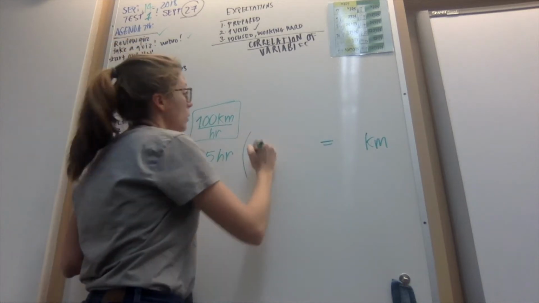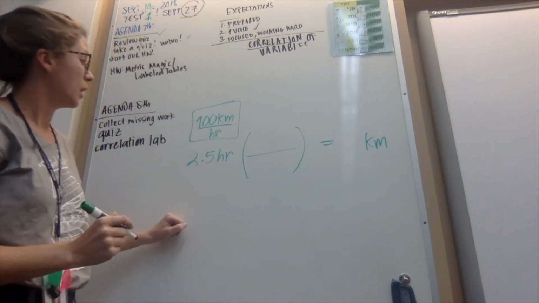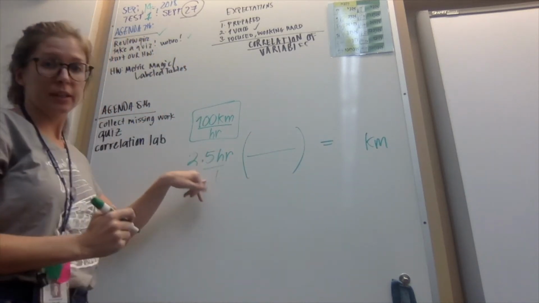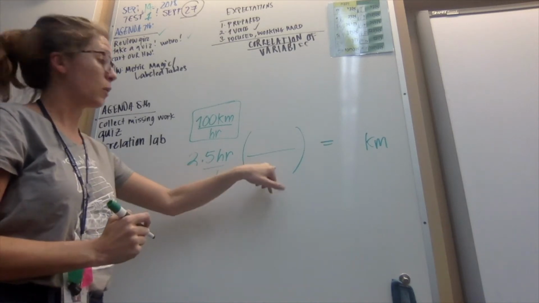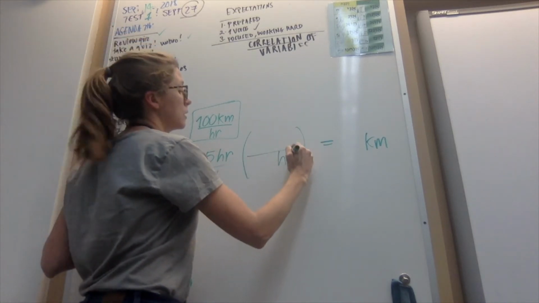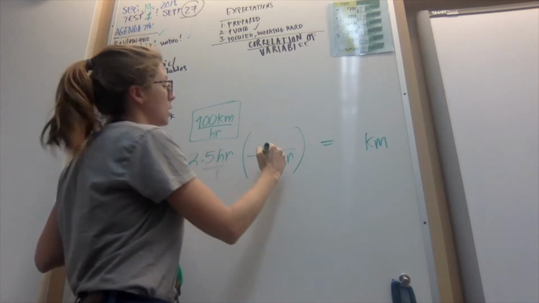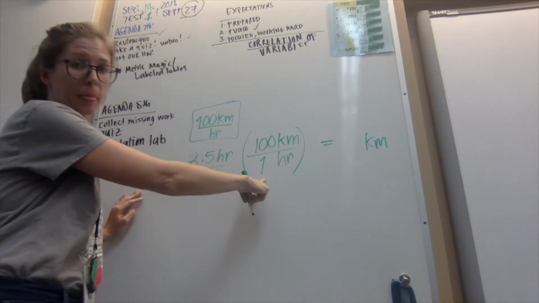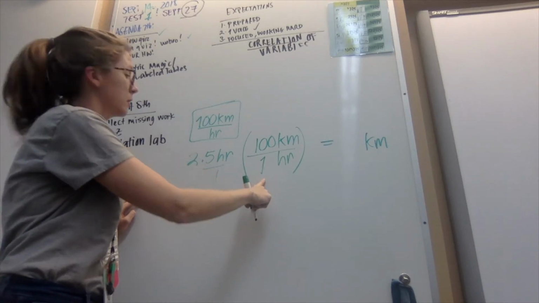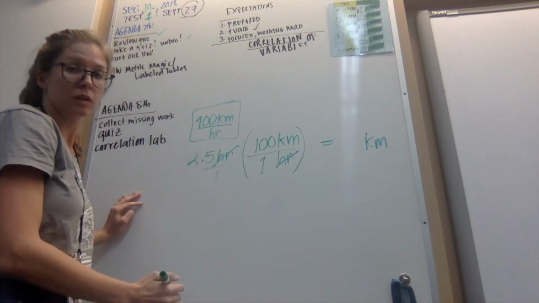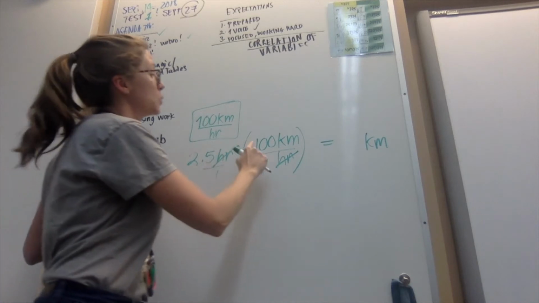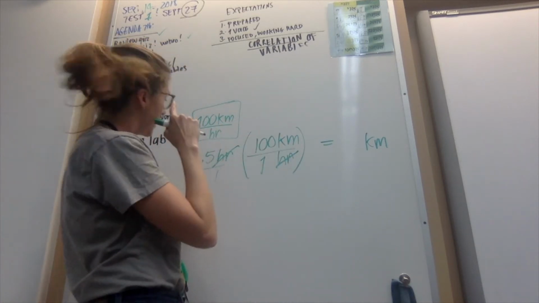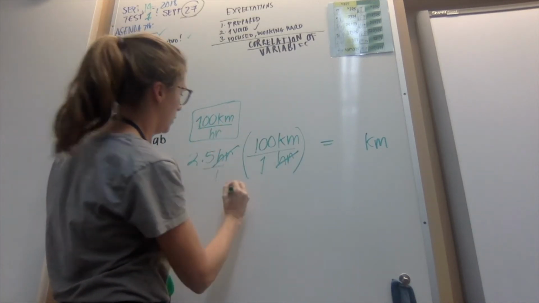Okay, so hours is on the top here. So I want hours on the bottom over here. How convenient, it already is. So I go 100 kilometers in 1 hour. Okay, hours cancels. 2.5 times 100 kilometers gives me, what is it?